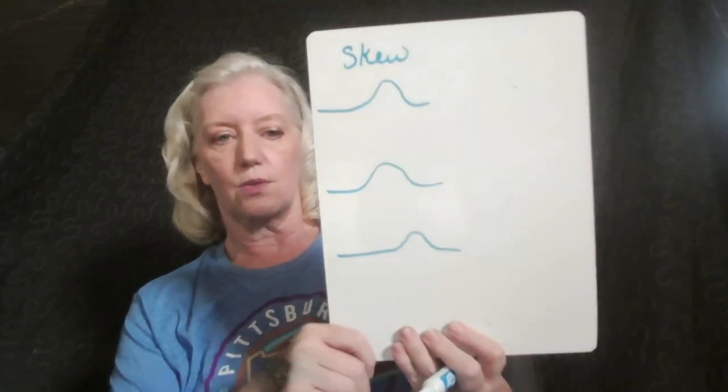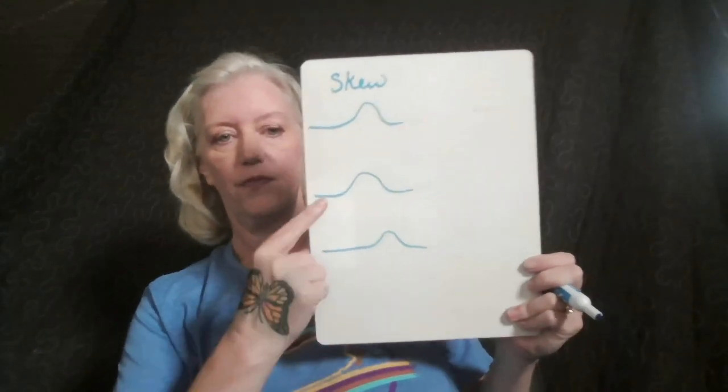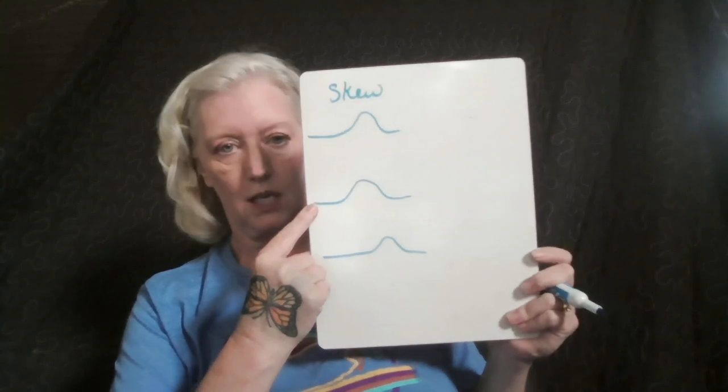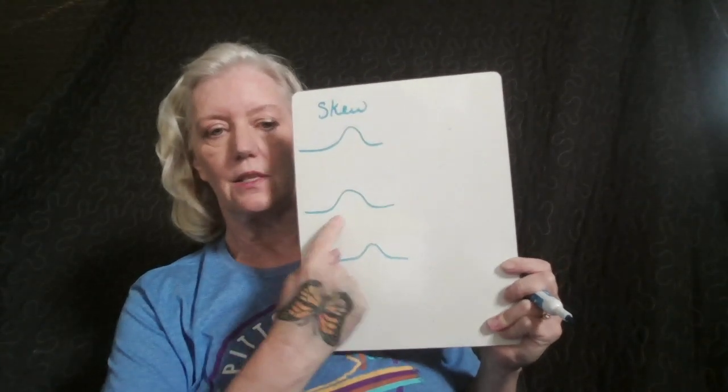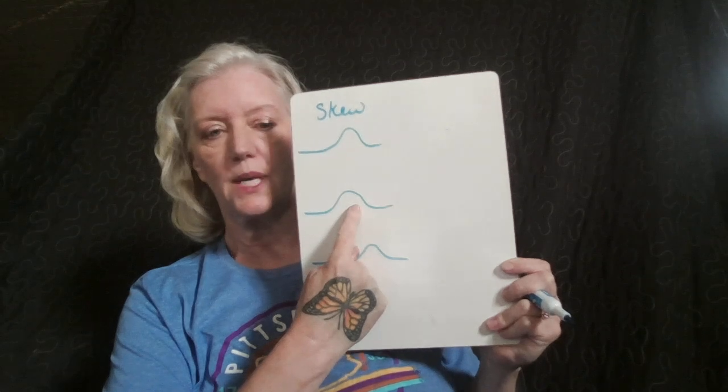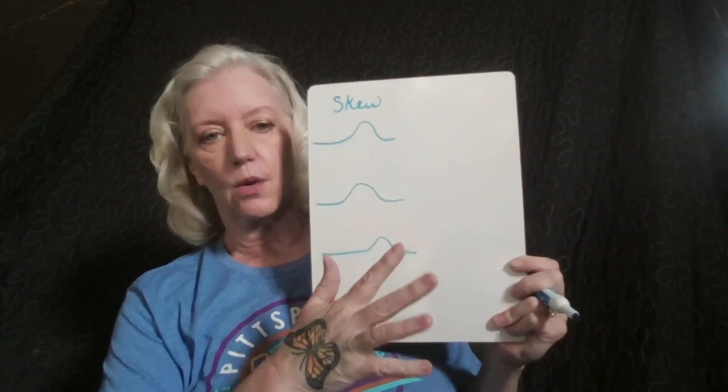Here's my three skews, okay? This one is supposed to be symmetric. That means that these, what are called tails, and this, which we're going to call the bump, are pretty much equal, okay? This is what's called a frequency distribution or a polygon distribution. I'm sorry, not a polynomial, I meant polygon distribution.